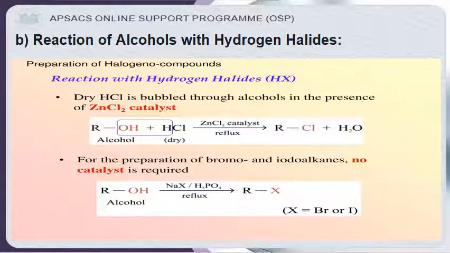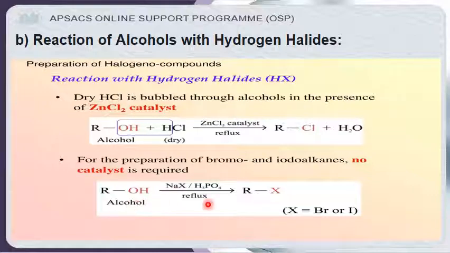The second reaction is the reaction of alcohols with hydrogen halide. In this reaction, when any alcohol reacts with dry HCl, it is bubbled through the alcohol in the presence of zinc chloride catalyst.